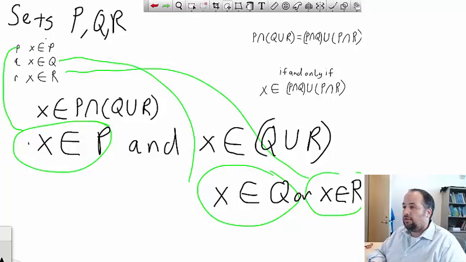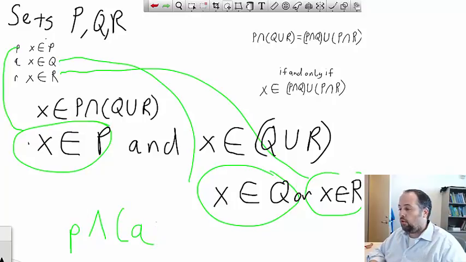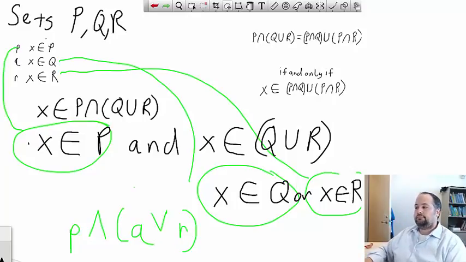This is the equivalent to that, which means lowercase p and q or r. Therefore, the rules for set theory are exactly the same as the rules for Boolean functions and the rules for propositional logic. They're all different ways of saying the same thing.